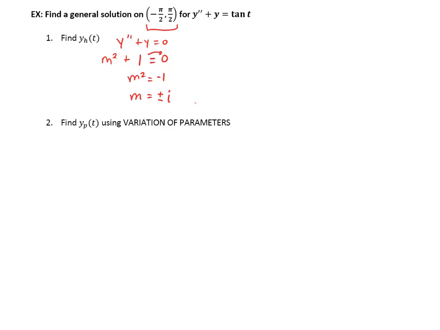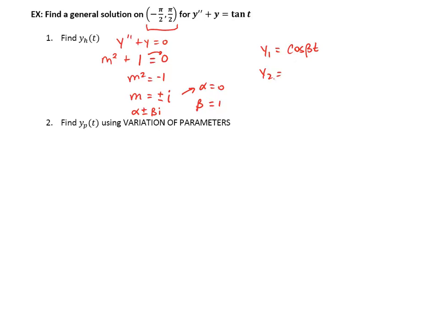Okay, where this would mean your alpha is 0 and your beta is 1, because remember, when you have a complex number like this, you're thinking of it in terms of alpha plus or minus beta i. The real part is 0. The imaginary part is 1. So y1 is e to the 0t times cosine of beta t.